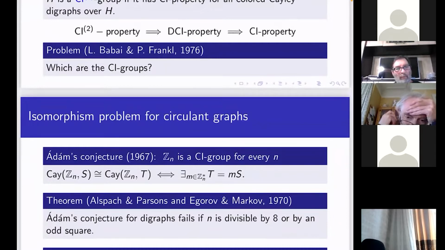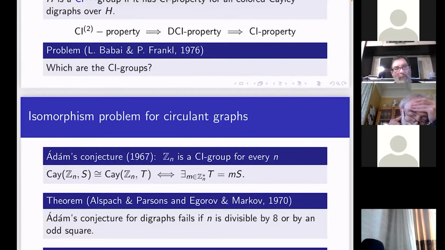So the counterexamples were found by the people you see here. And it was proven that Adam's conjecture is not true for directed graphs if n is divisible by 8 or by a square.